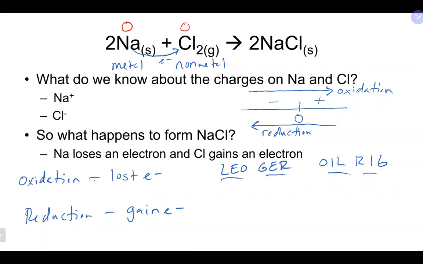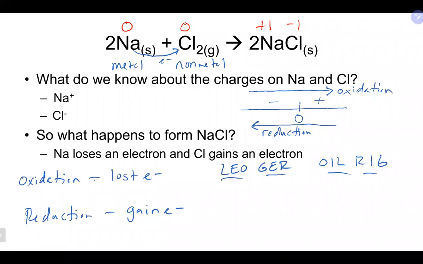It is uncombined, so it does not have a charge. It is only when these two get together that they form charges. The sodium becomes a +1 charge, and the chlorine, or chloride, is a -1 charge. Remember, when we put a positive and negative together in an ionic compound, there is no charge overall, but it is still made up of two things that do have charges.